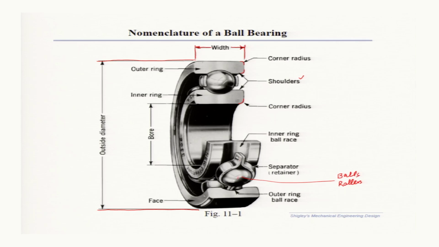So, you may say the rolling element will be inside the case, and this is the separator, and the inner diameter of the inner race is called the bore. Bore of the bearing is decided by the diameter of the shaft, because shaft will fit inside the inner race.